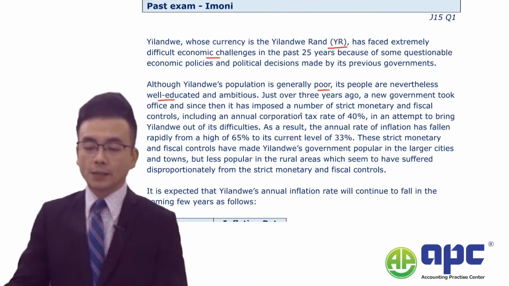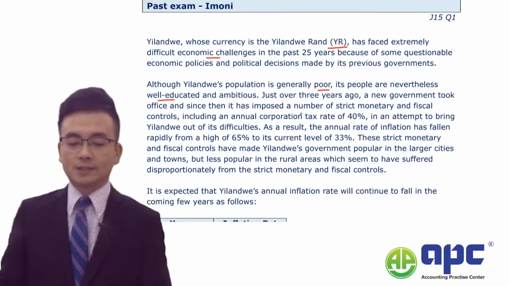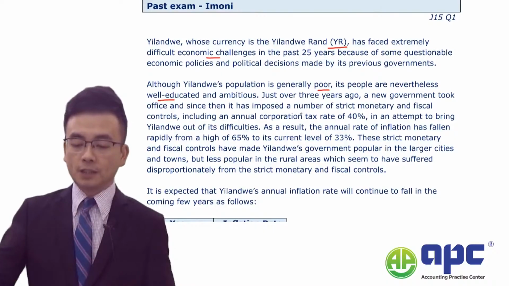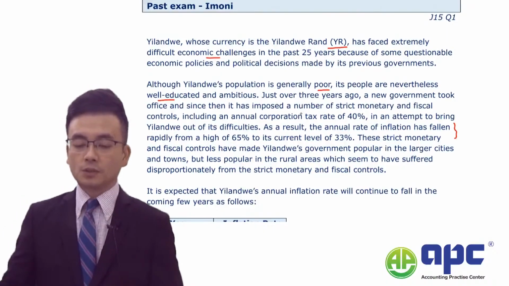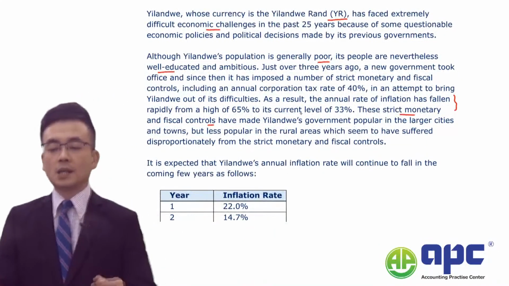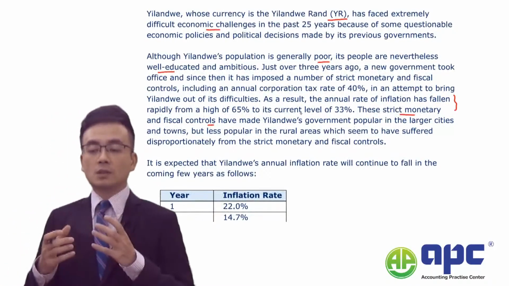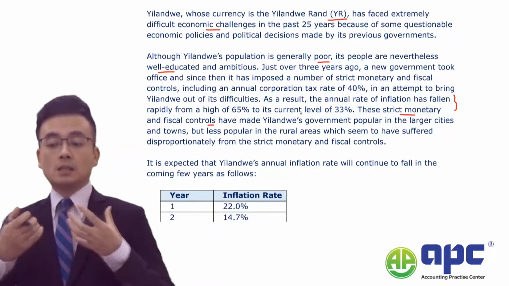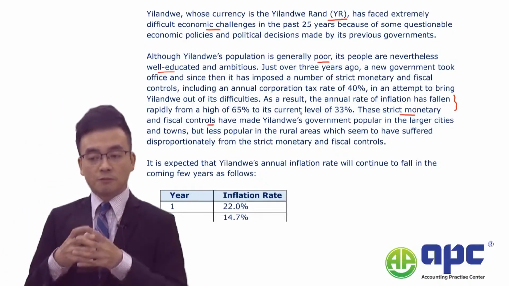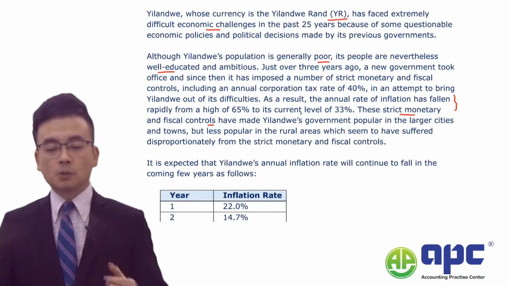People are well educated, and we've got the tax rate and inflation, because the government is doing a good job, but with strict monetary and fiscal controls, which means not really putting a lot of money into the society, so people in that country will find it difficult to borrow money from the bank.